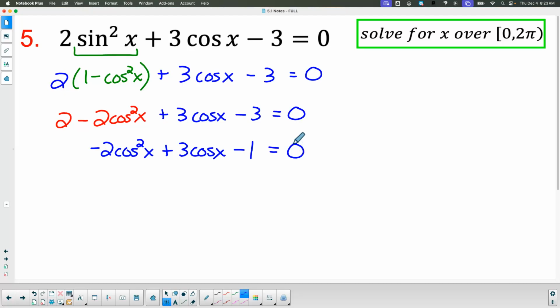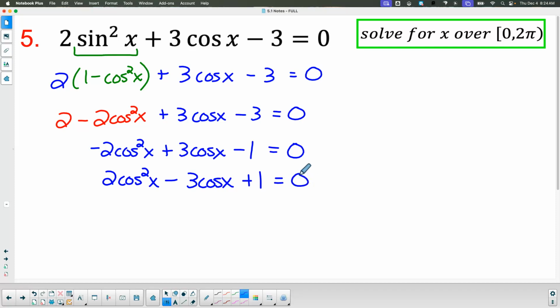If I'm going to factor, I like to have my a value, that lead coefficient, positive. Makes life a whole lot simpler. So before I factor, I'm going to say that this is 2 cosine squared of x minus 3 cosine of x plus 1.